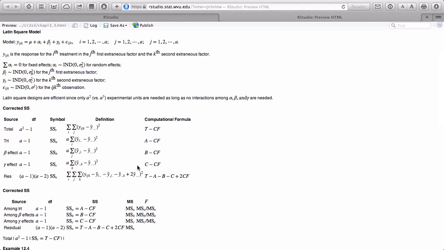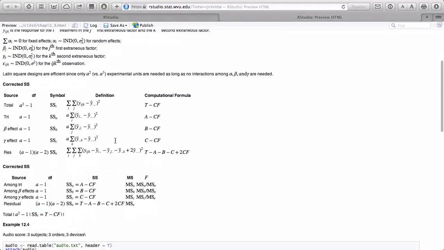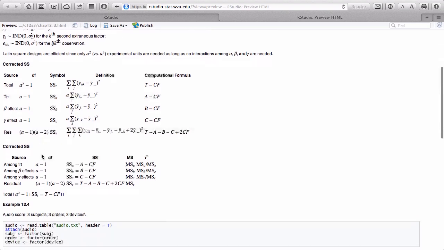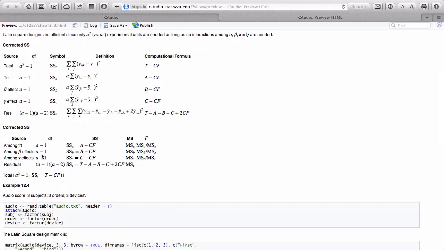There's software that allows you to choose all possibilities where that could occur, and then you choose one at random. Now, the point is we're going to have a treatment effect, and we're going to have a beta and gamma effect. The beta and gamma effects are the sources of variation you're trying to control. I'm not particularly interested in the beta and gamma. I'm simply trying to remove error variability.